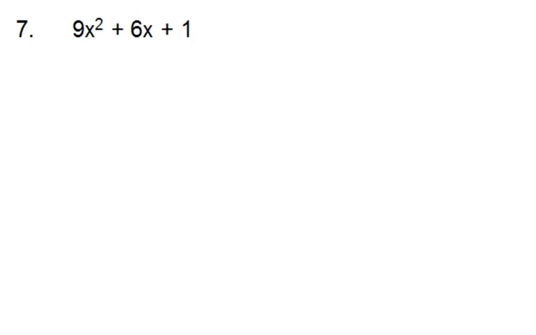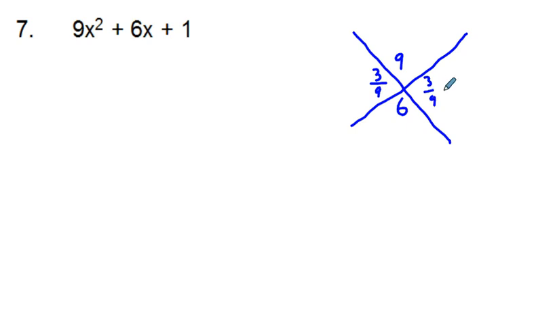Okay, next. 7. Okay, same thing. AC is 9 times 1, or 9. B is 6. What two numbers, when multiplied together, equal 9, but when added together equal 6? How about 3 and 3? And then we divide by a, which is 9. So we get 1/3 on both sides.